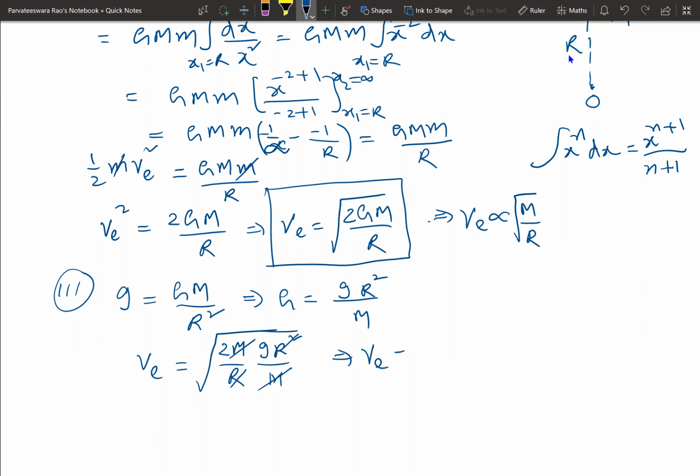This implies V is equal to root of 2gr, where g is the acceleration due to gravity on the planet.